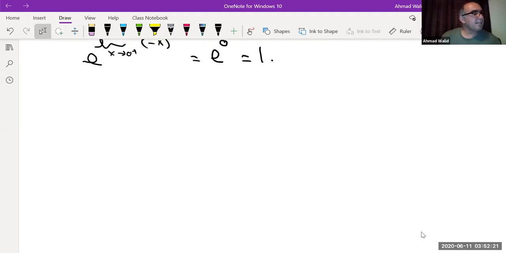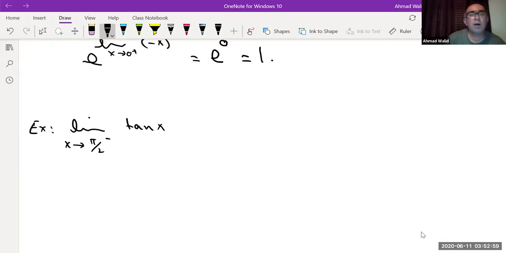Let me see if I have another example for you. Example number 2. This one is a little bit more complicated, but if you are good with trigonometry, it's not that difficult, right? Limit as x approaches pi over 2 from the left of tan x to the power of cosine x.